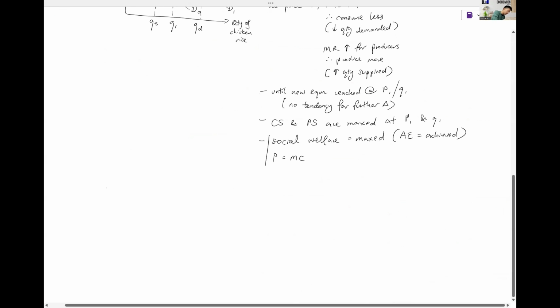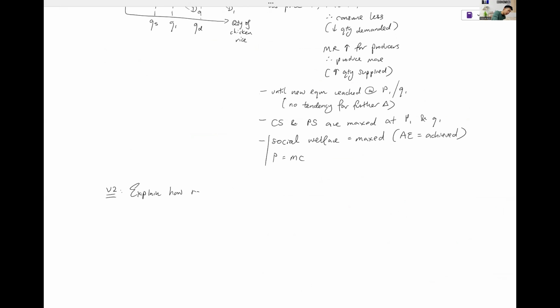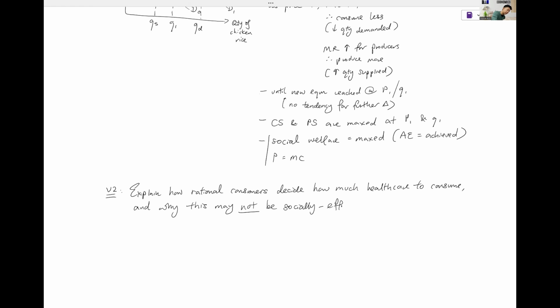Version 2, still essay, is when they ask you to explain how rational consumers decide how much healthcare to consume and why this may not be socially efficient. 10 marks.